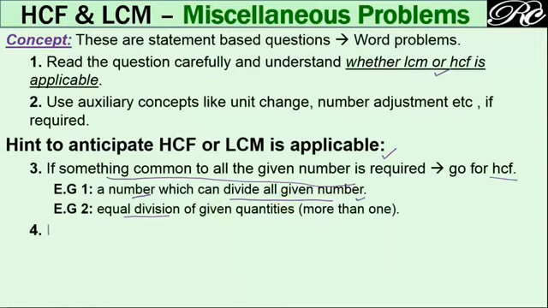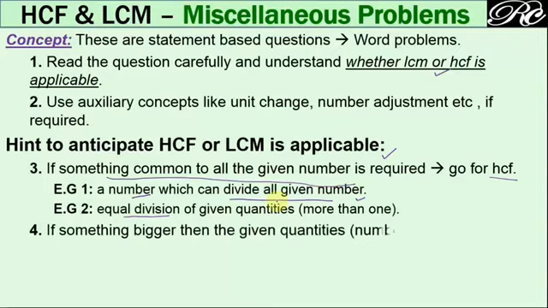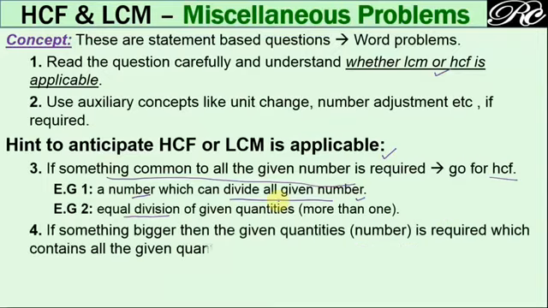Similarly we can anticipate for LCM. LCM is a number which is bigger than the given numbers. Therefore, if we need something bigger than the given quantities which contains all given quantities, then we have to go for LCM.